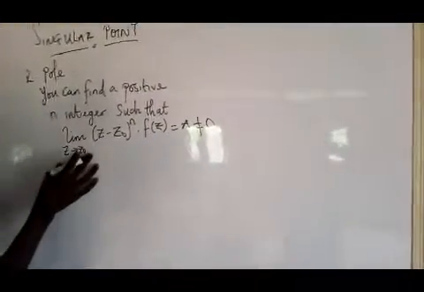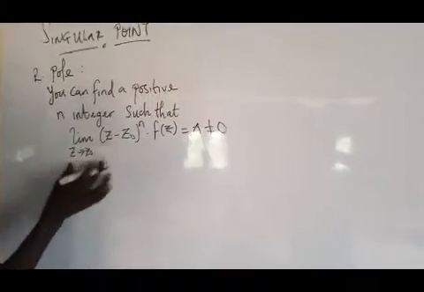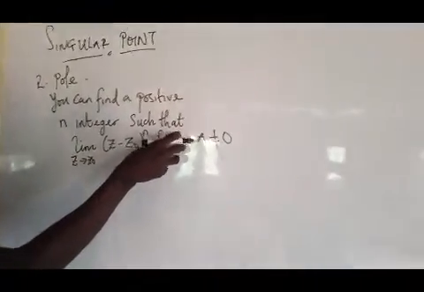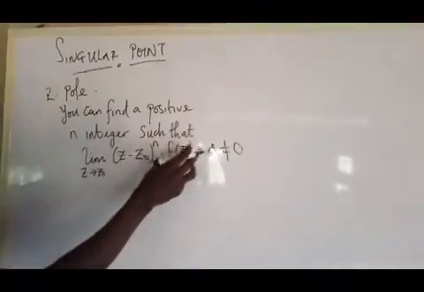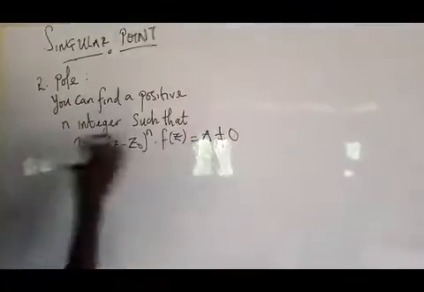That is, the limit of z minus z naught to the power n multiplied by your f of z, which you will be given in the question, should give you a particular number and not 0. Do we get that now?